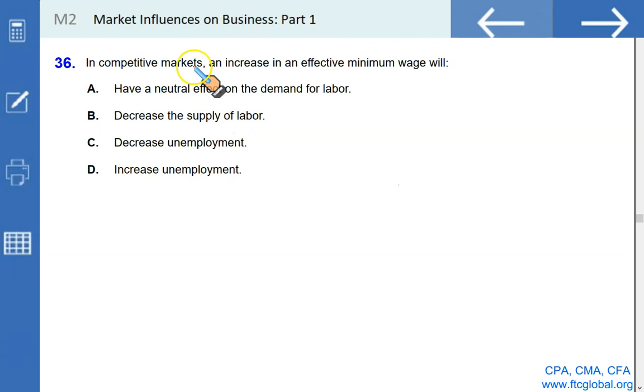In competitive markets, an increase in an effective minimum wage will have a neutral effect on the demand for labor. Wrong. This is absolutely incorrect, because an increase in the minimum wage will decrease the demand for labor. Decrease in the supply of labor. Wrong. The supply of labor will likely go up when people see the wage rate has gone up.